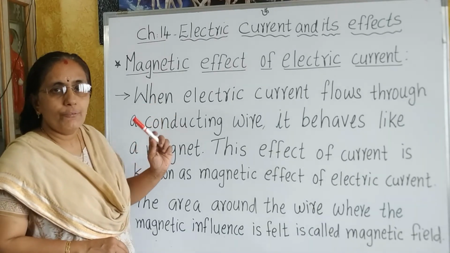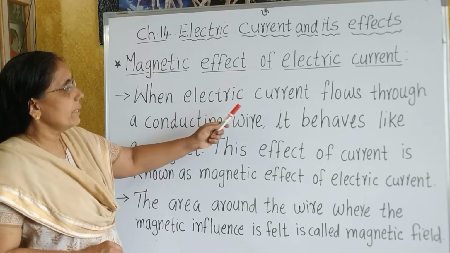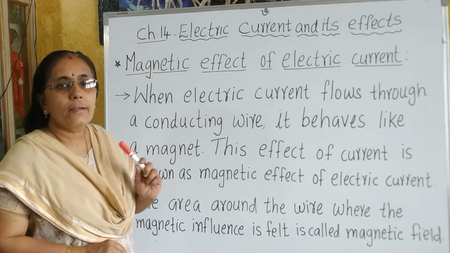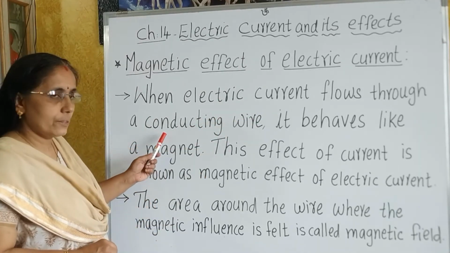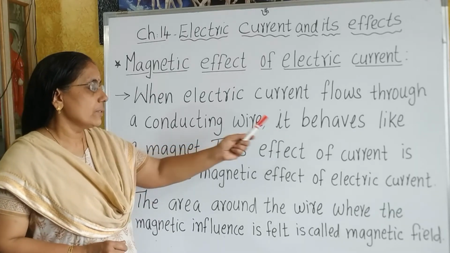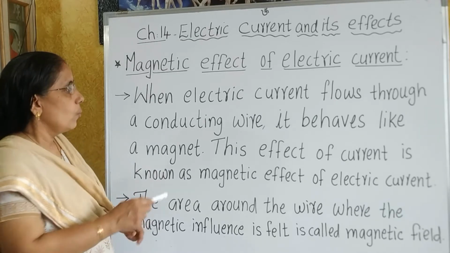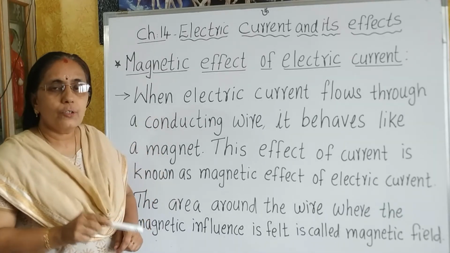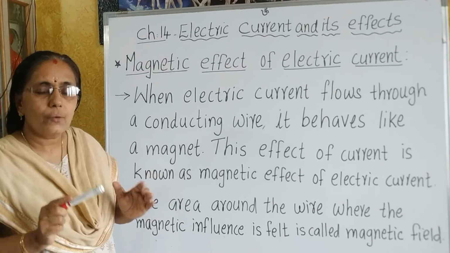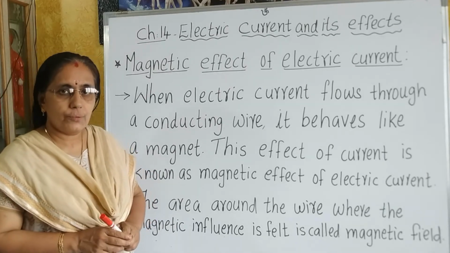We can define that in this way: when electric current flows through a current carrying conductor, that is a conducting wire, it behaves like a magnet. What does it mean? When electric current flows through a conducting wire, it behaves like a magnet.